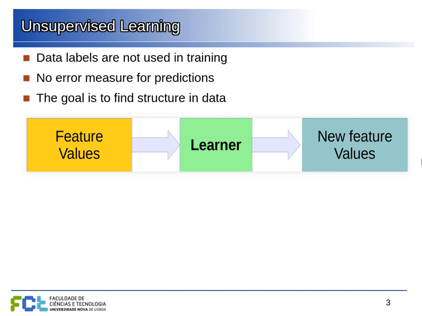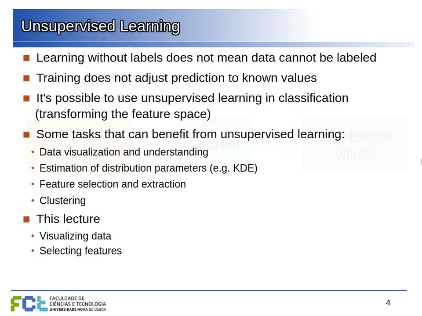Now, there are many examples here. We're going to see a few aspects of this problem in feature extraction in the second hour. Also, we can think a bit about feature selection as sometimes a problem of unsupervised learning, depending on how we do it. But the basic idea is that instead of trying to create something that predicts a value, we are trying to transform the data into something that is more informative.